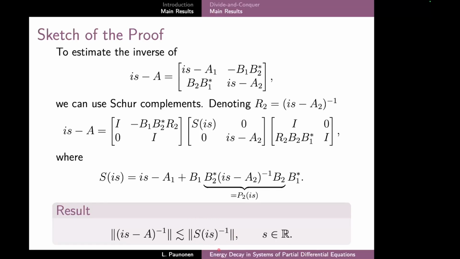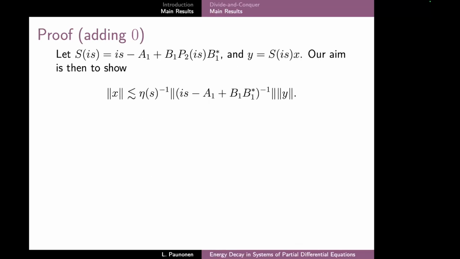So what we really want to do now is to estimate this inverse. And for this purpose, we will show that on the imaginary axis, S is bounded from below.